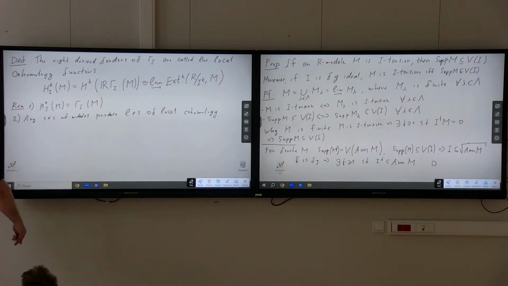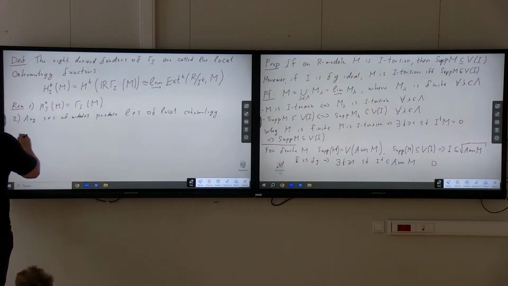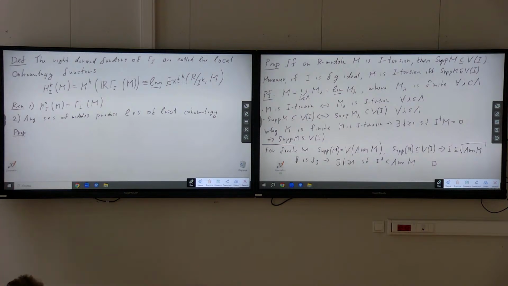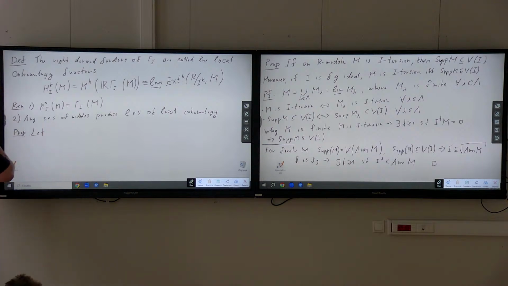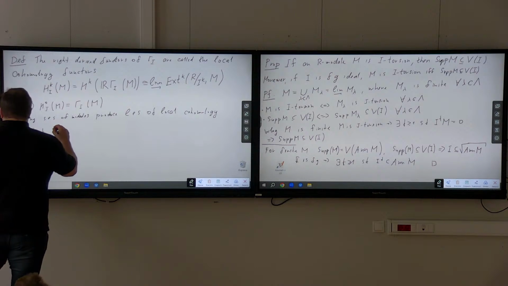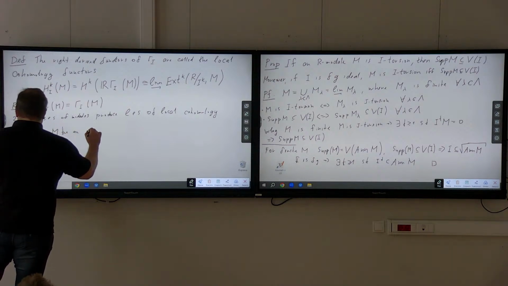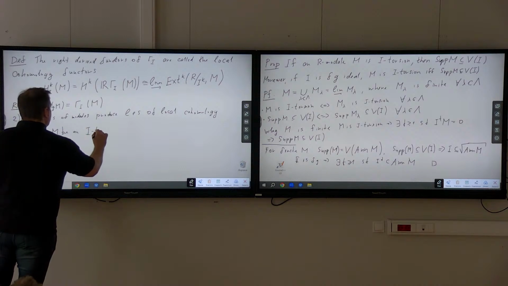Okay, so the next proposition, which is kind of a little bit curious, not so useful. I don't think that we're going to use this quite often, but still, well, maybe we will use it immediately to see some properties of cohomology. Okay, so let M be an I-torsion module.